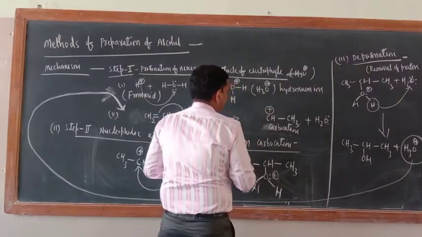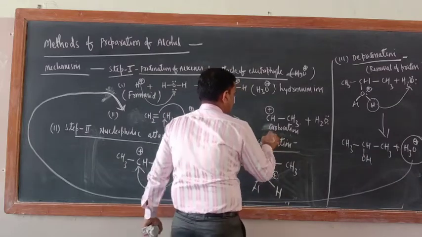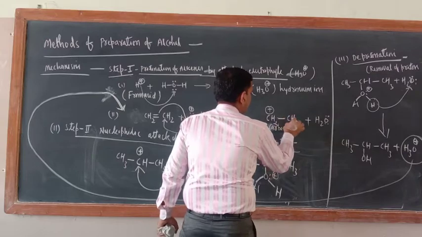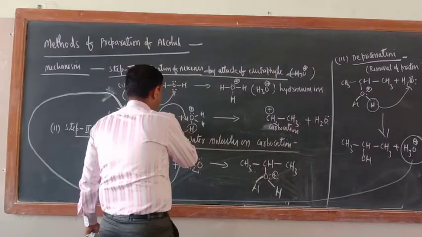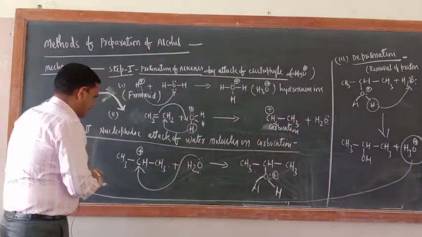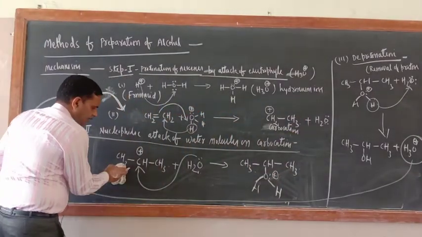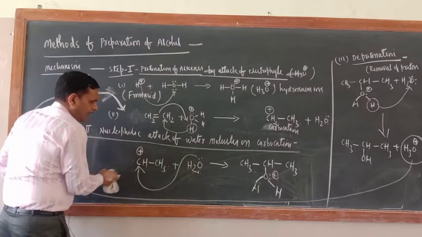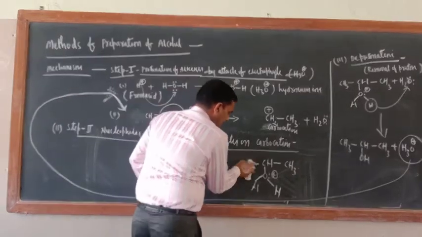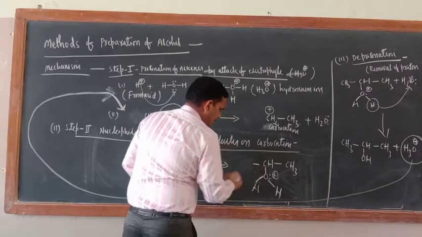This is CH2, and now it will be CH2 and here CH3. Now H will be added here, so a carbocation is generated. Now remove this one, and see the attack of this one on this one.